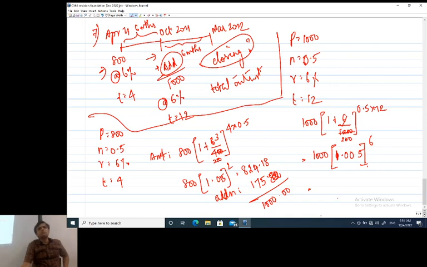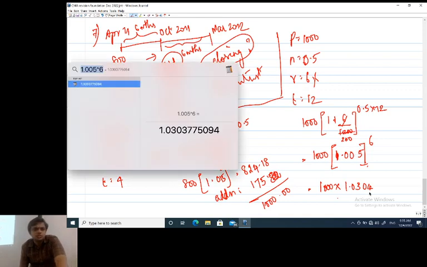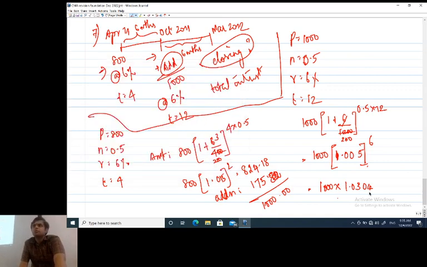It is given in the question as compounded monthly, so T will be 12. 1.0304, correct? Yes. 1.030377 comes. So this is approximately equal to 1030.40. So this is the maturity after everything.